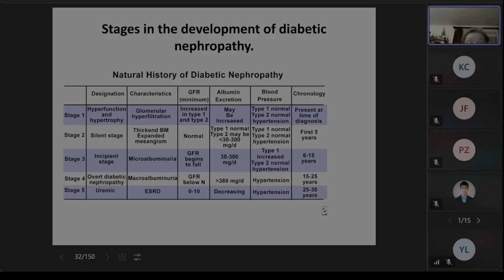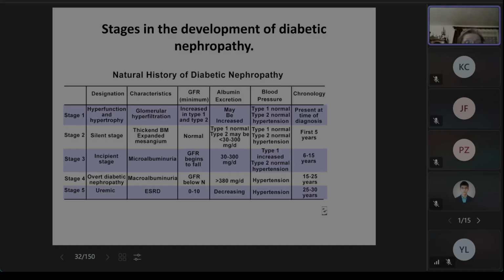This period takes about 10 years, between 6 years up to 15 years after the beginning of diabetes mellitus.